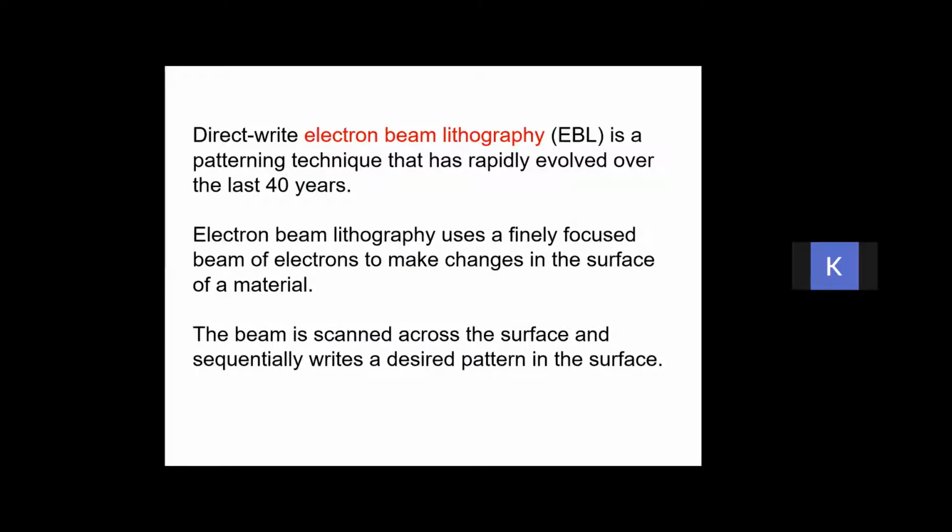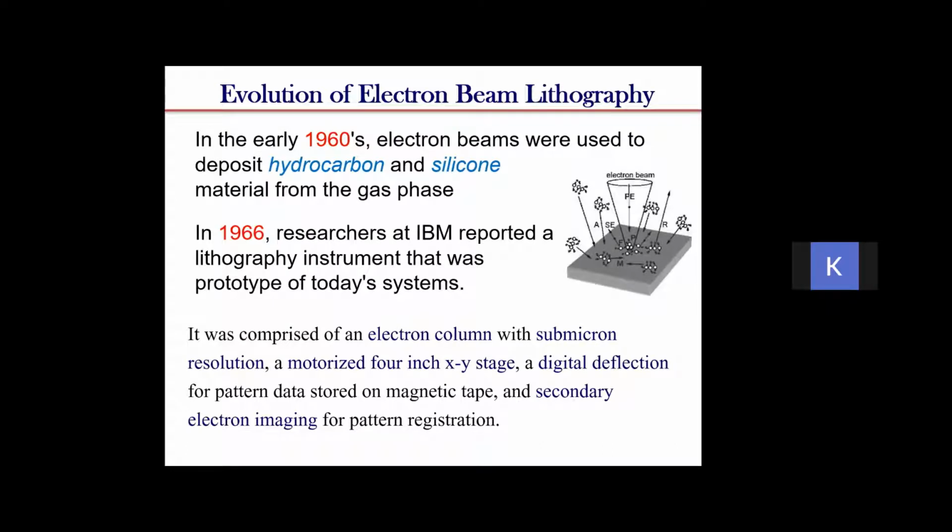This technique has made tremendous progress over the last 40 or so years, mainly when the field of nanotechnology started to expand. However, the use of electron beams in material science and devices started in the early 60s. At that time, electrons were used to deposit hydrocarbon and silicon from the gas phase.